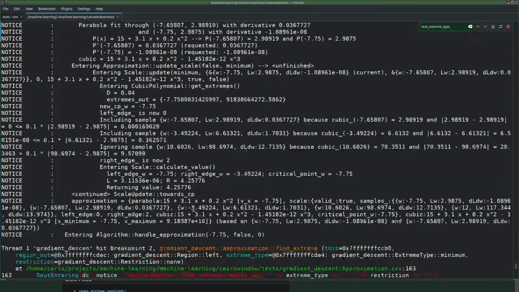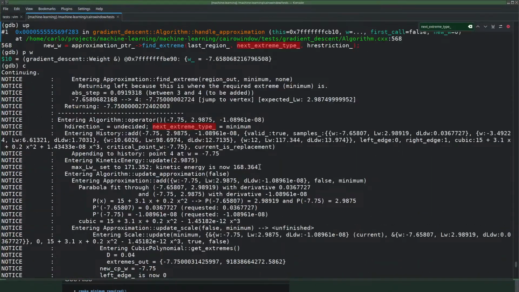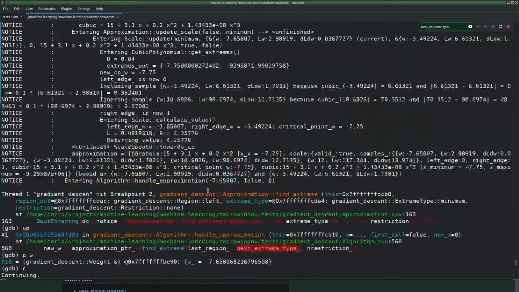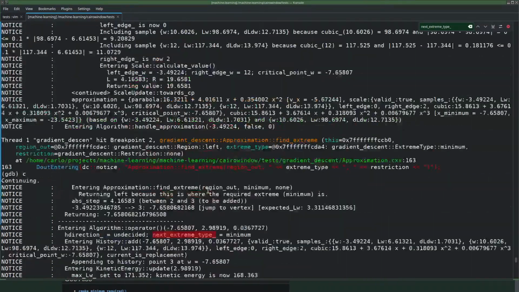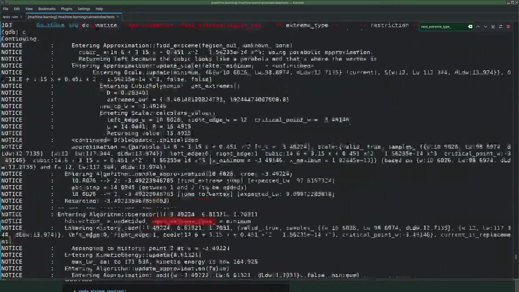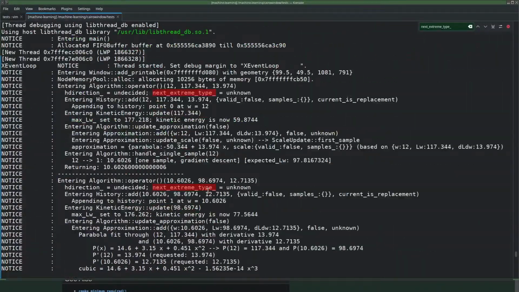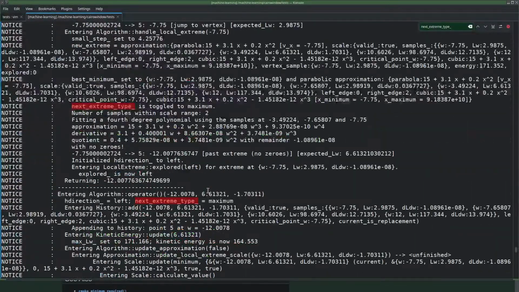Nope, last thing printed is minimum. Is a toggle to maximum? When does that happen then? That happened just before we return minus 12.